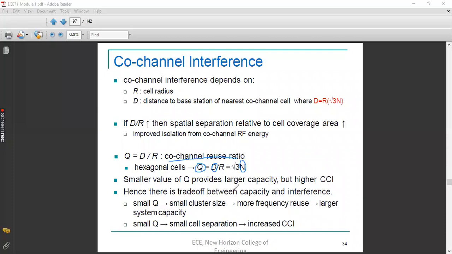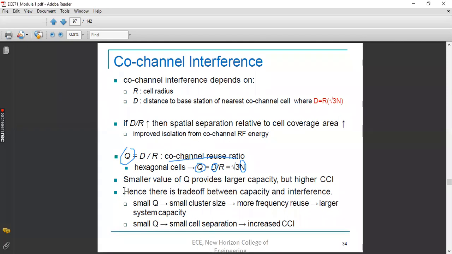But whenever we maintain small Q, only then are we able to obtain maximum capacity.